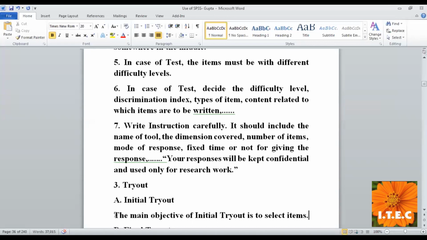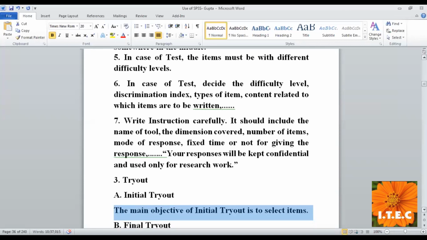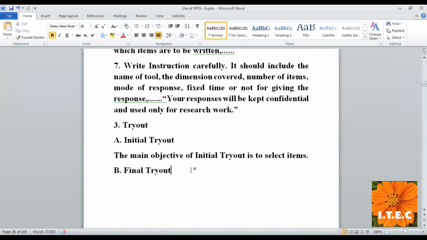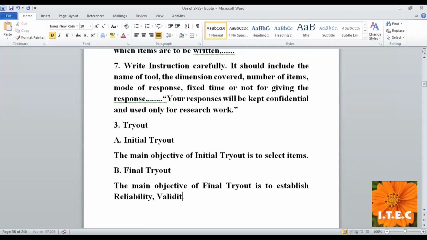And the main objective of final tryout is to establish reliability, validity, and norms.